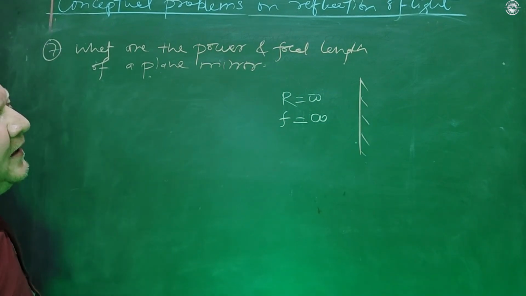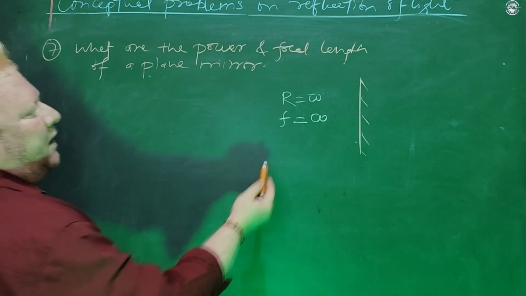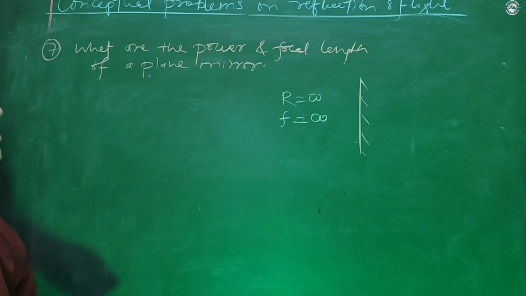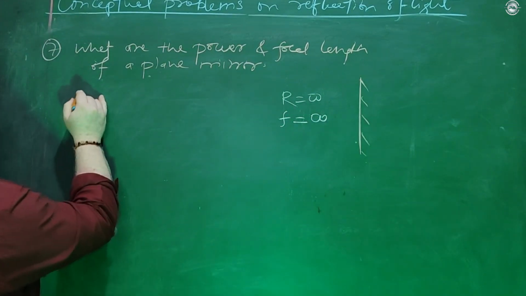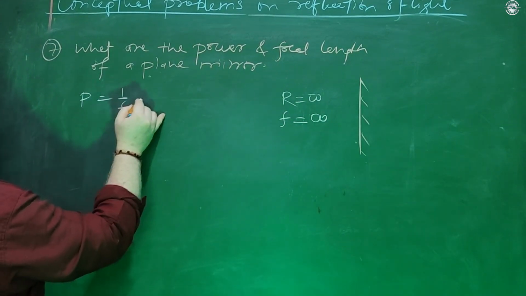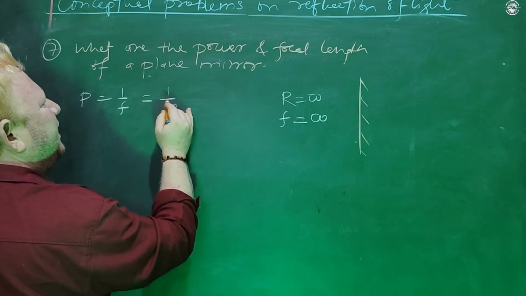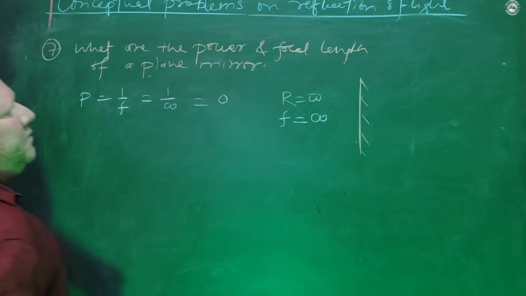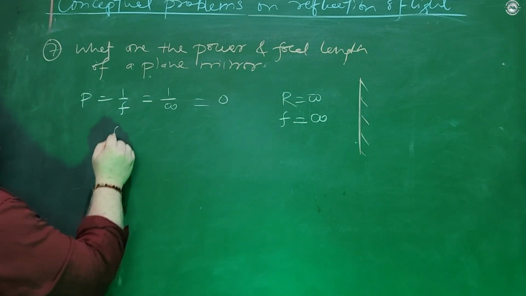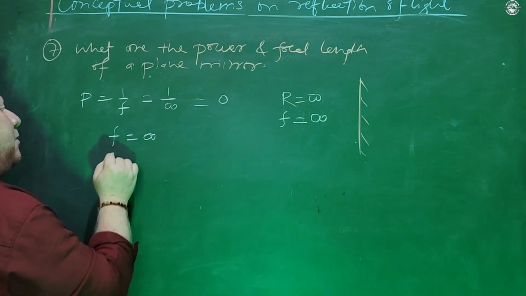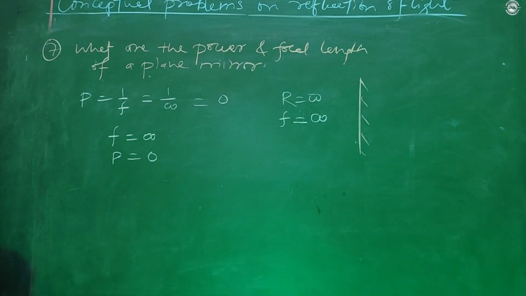So if r is infinite, then f is also infinity. Now focal length is infinity, so P is equal to 1 by f, and 1 by f is 1 by infinity, so the power will be 0. So focal length is infinity but power is 0.